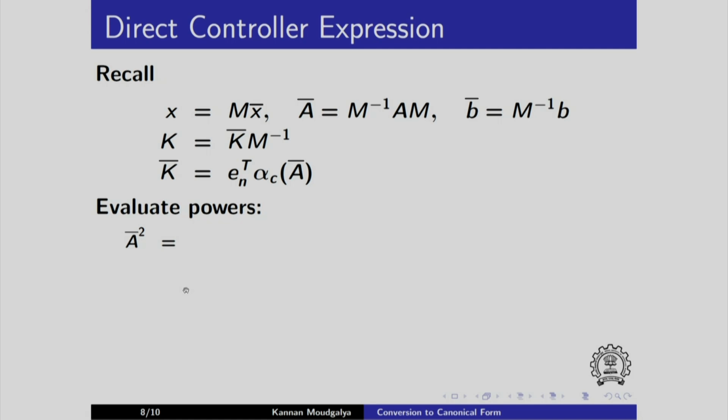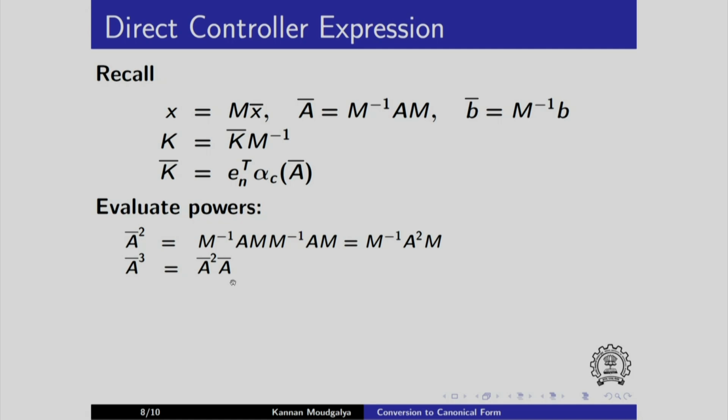So a bar squared is nothing but, on substitution from here, m inverse am into m inverse am, these two cancel each other, we get m inverse a squared m. What about a bar cubed?